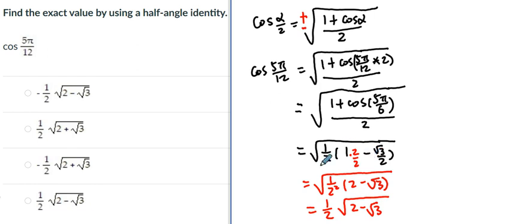Now you need to simplify this one, 1 minus radical 3 over 2. In order to put those two values together, you want to write 1 as 2 over 2. So the numerator will be 2 minus radical 3, and the denominator is 2, so you can put another 2 out. Outside, there is the 1/2, with 2 down in the denominator.